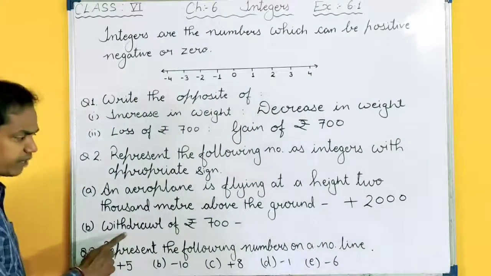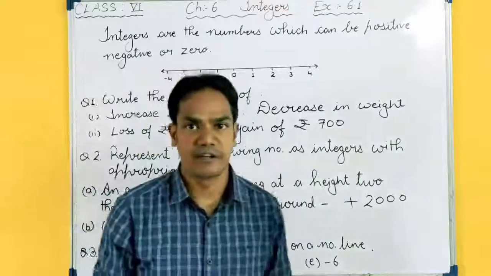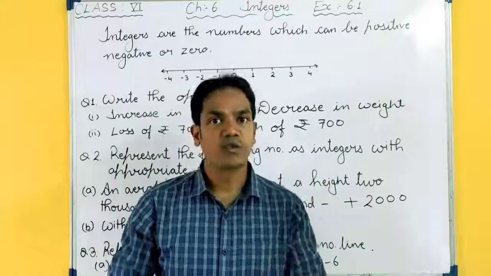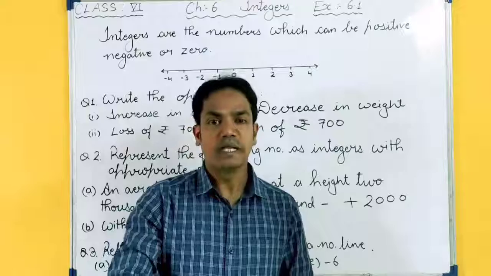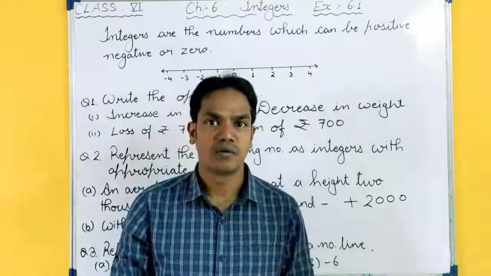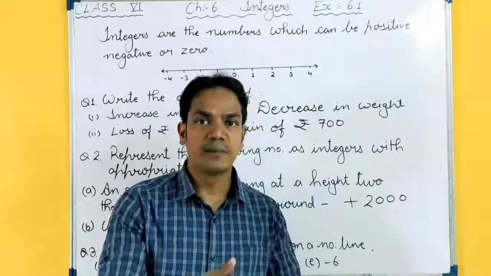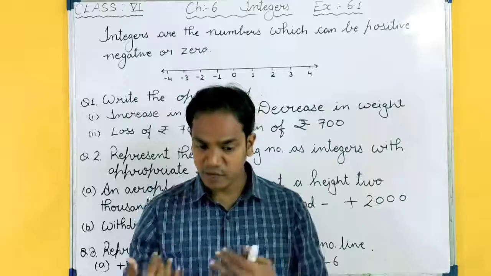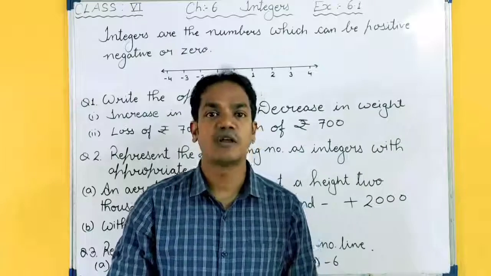The second part is B, withdrawal of rupees 700. What do you mean by withdrawal? When you go to the bank and put money in your account, that is called deposit. And when you take out your money from an ATM, that is called withdrawal.